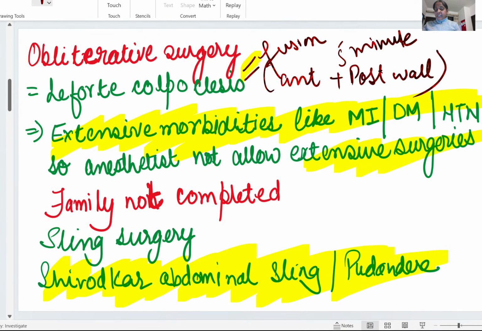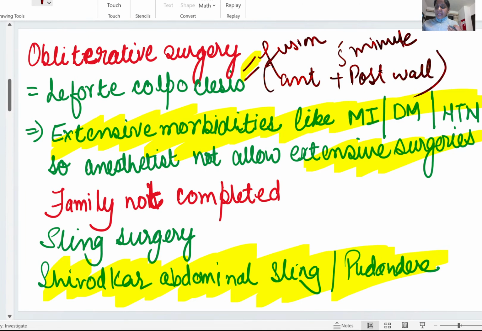We basically fuse the anterior wall with the posterior wall of the vagina, and this is known as obliterative surgery. In which patients is it done?